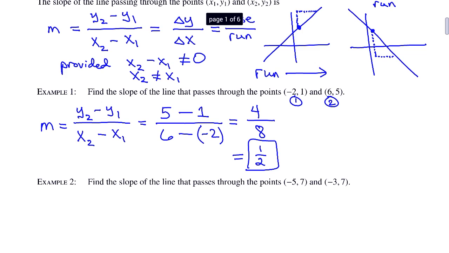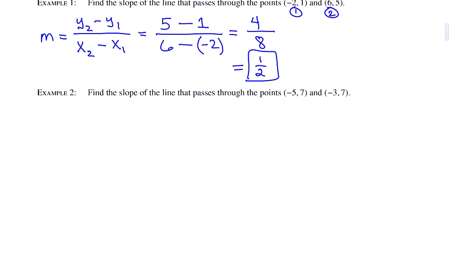In example 2, find the slope of the line that passes through the points (-5, 7) and (-3, 7). So again, I'll label my points 1 and 2. I'll write out the formula for slope. m is equal to y2 minus y1 over x2 minus x1.